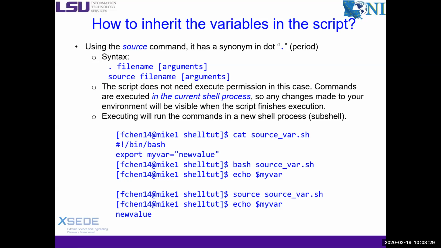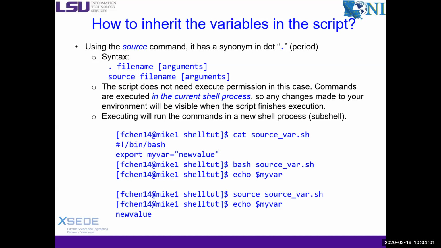Source is the same as dot. It does not execute that script in the subshell. It executes that script in the current shell. So if you define some global variables in the current shell, those variables will be inherited because it's in the same shell.